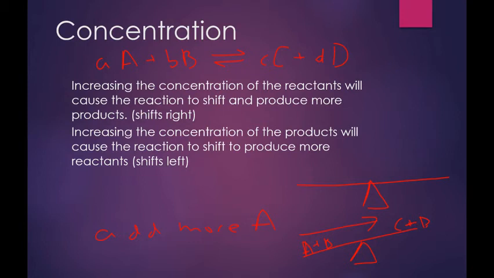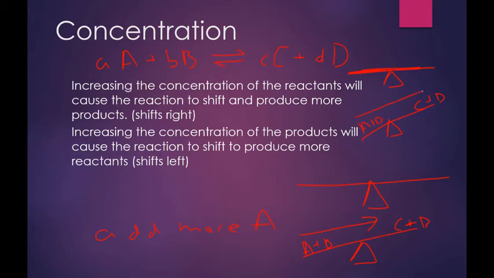Now, let's say that I have my seesaw and I remove some C. If I remove some C, then what's going to end up happening is it's going to be like this: C, D, and A, B. And so what do I need to do?